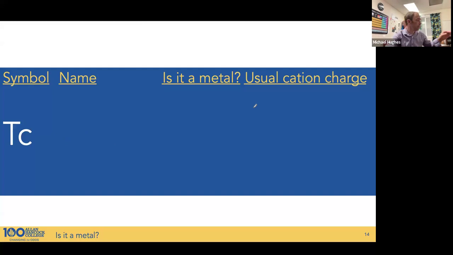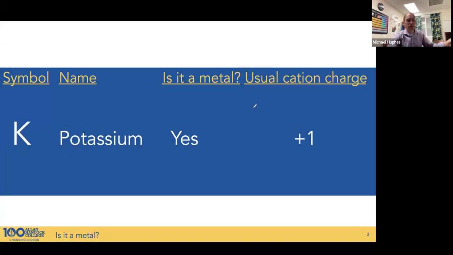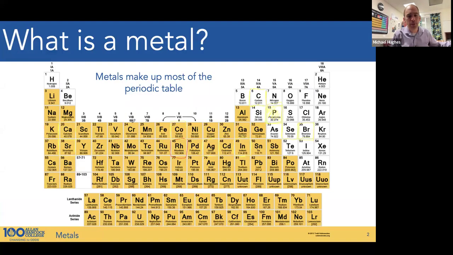Tc, is it a metal? Excuse me. So Tc is a metal. It's a transition metal, element 43. It probably stands out on your periodic table. It might be a slightly different shade, and that's because it's one of the transition metals that's artificially produced. It's made in a lab, which gives rise to its name.